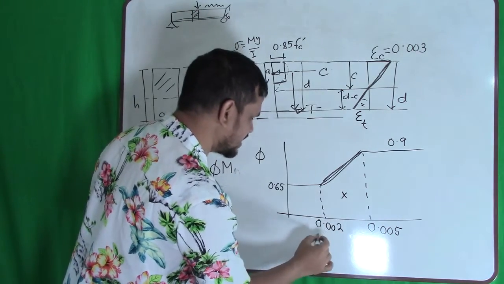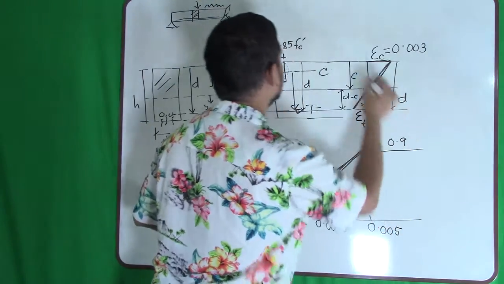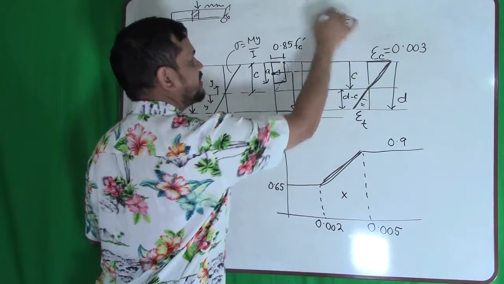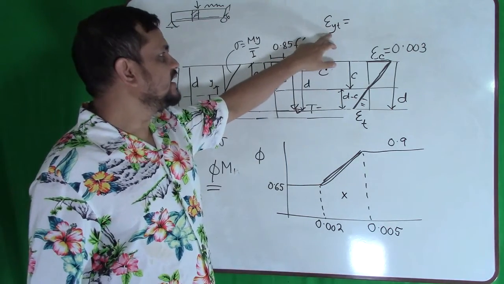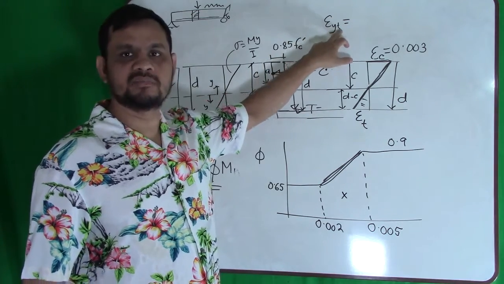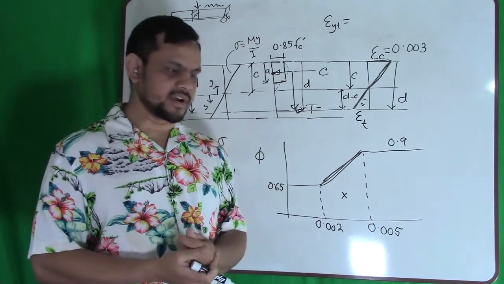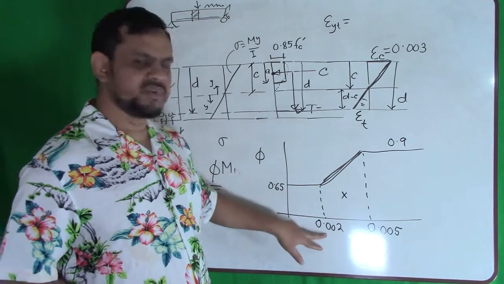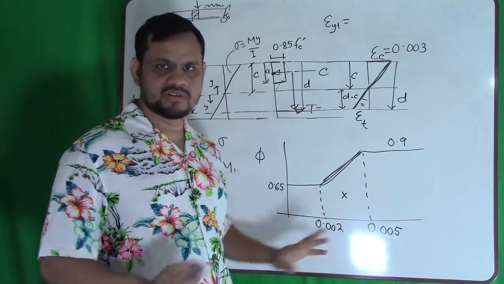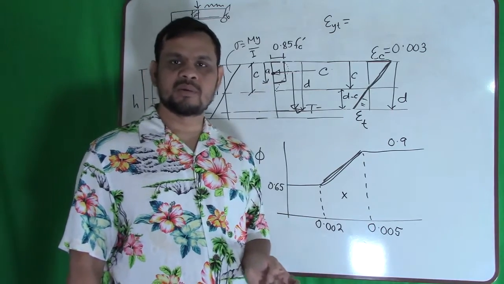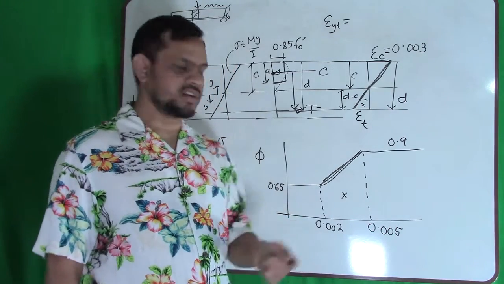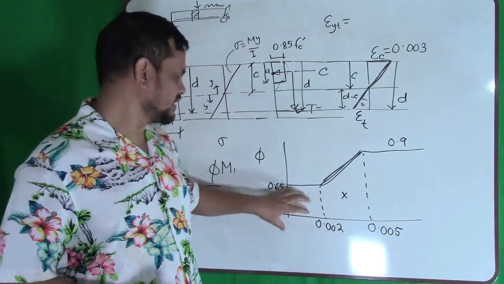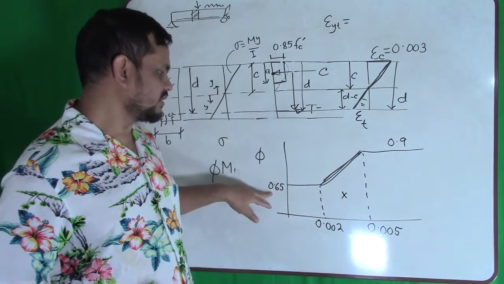Or they might use another value like epsilon y t, which means yield strain in tension, that is, the yield strain of reinforcement. If different books use different values for this, don't worry, it is the yield strain of steel. The concept is that my steel must yield. If it doesn't yield, it gets a lower factor.